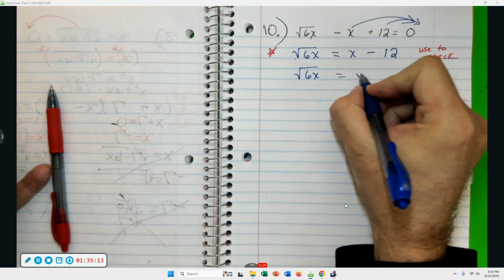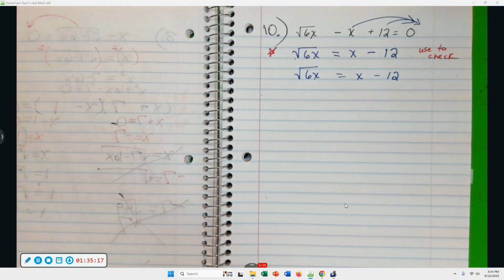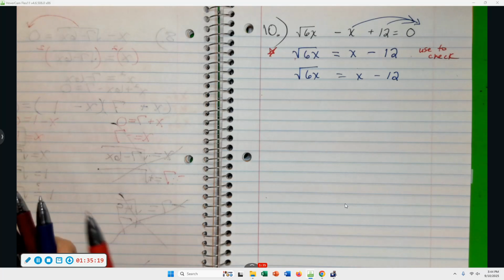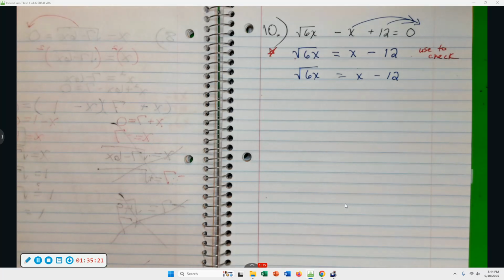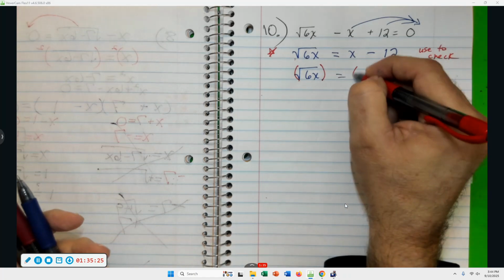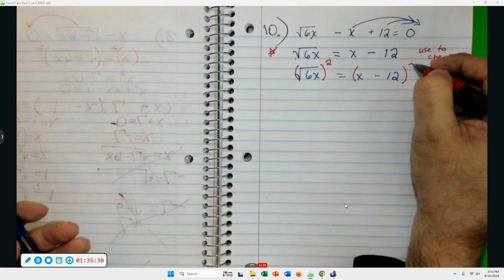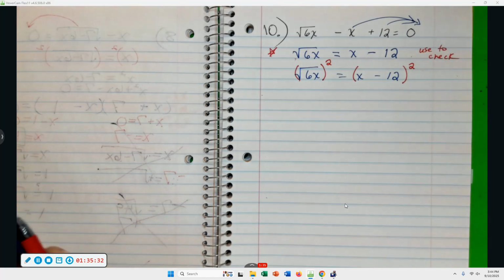And we're going to get rid of that square root. What do I have to do to both sides to get rid of that square root? Raise it to what power? 2. Now you begin to see x minus 12, a difference being squared.